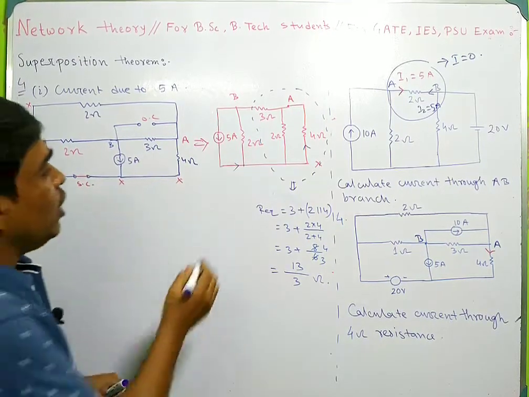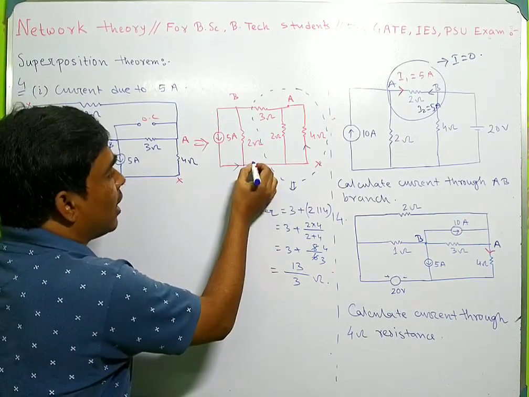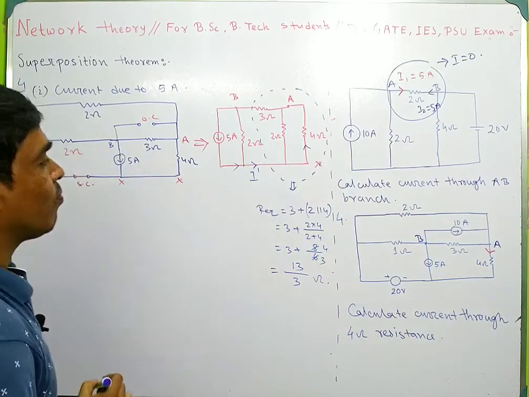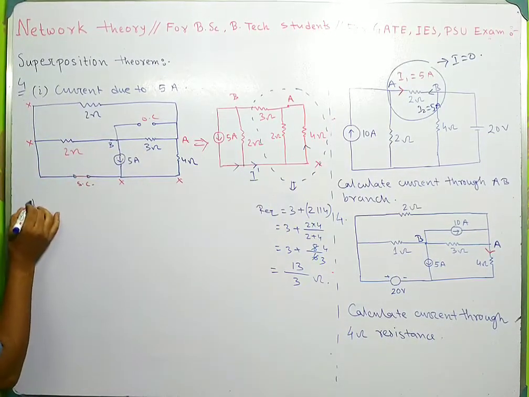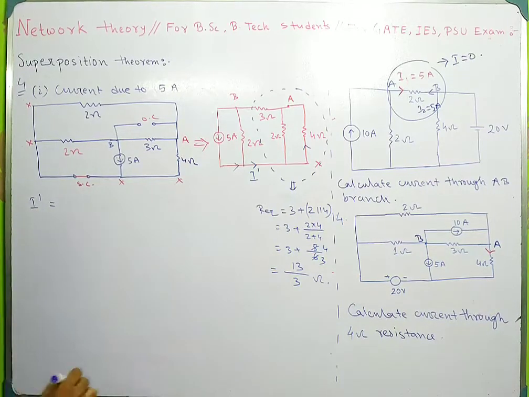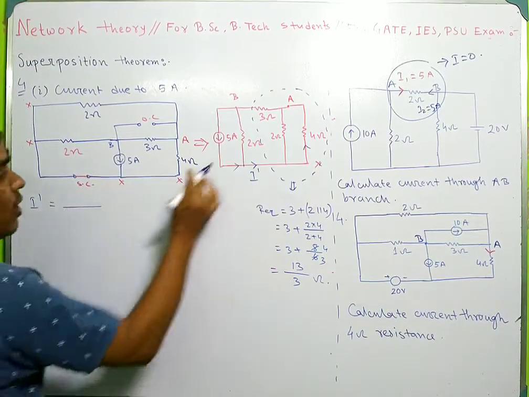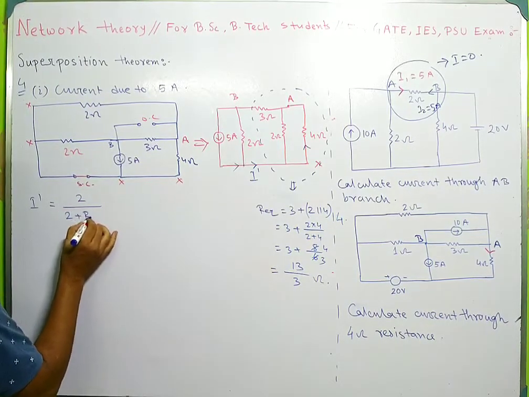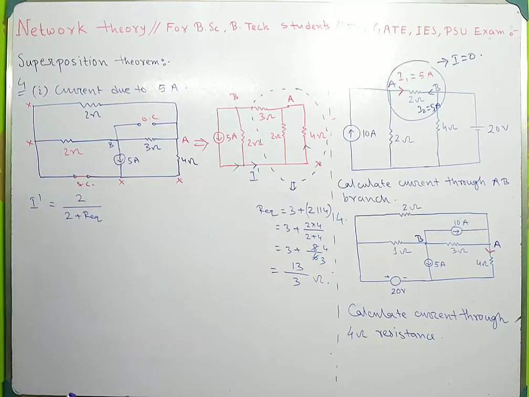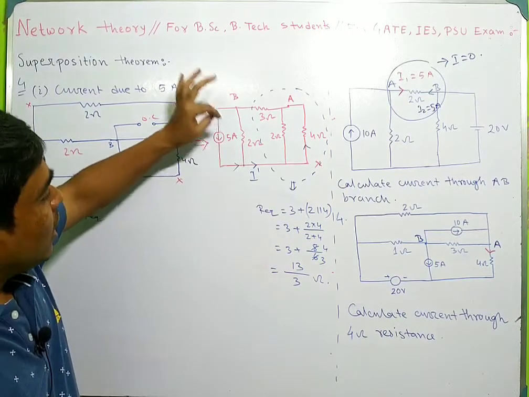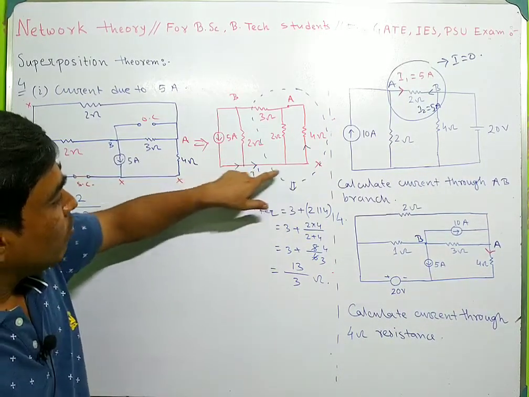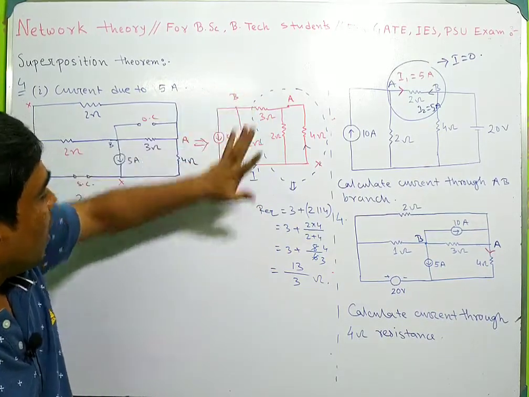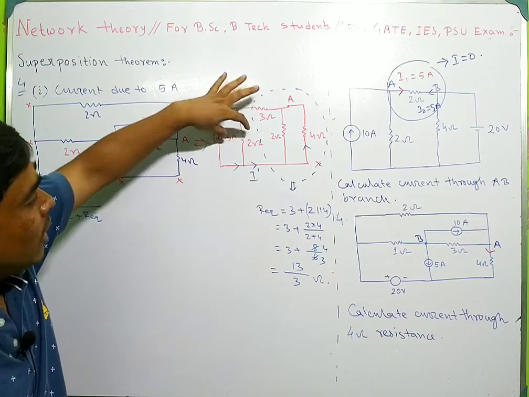Now using the current division rule, you can calculate this current. Suppose this current is I dash. What is the current division rule?